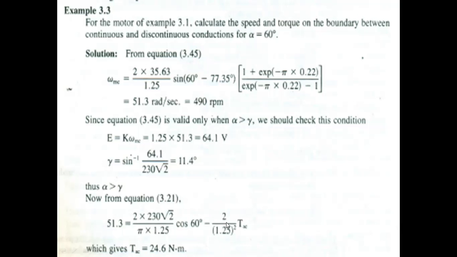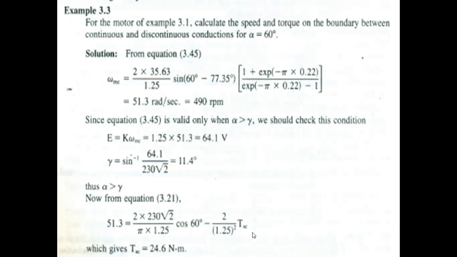From here you will get torque TA is equal to 24.6 newton meters. Omega is equal to 2 Vs by pi K cos alpha minus 2 by K square into T. It is the formula.